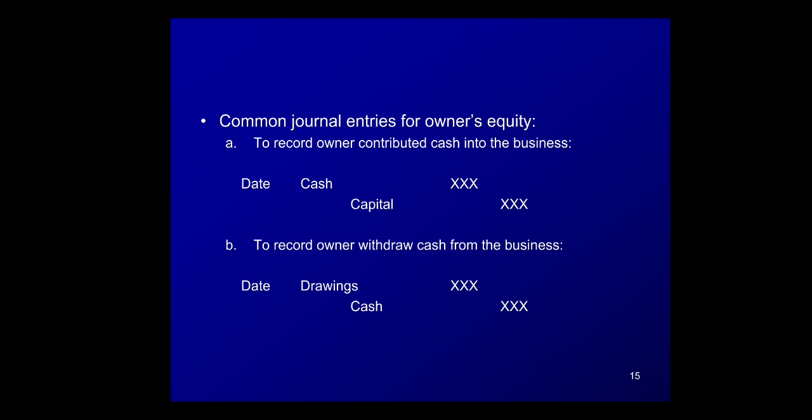If you take another asset, for example, you have a grocery shop and one day you take 2 bags of rice. The value of this rice is $50. So how to record that? If a business owner takes another asset from the business, you also have to record it as a drawing, not only cash.